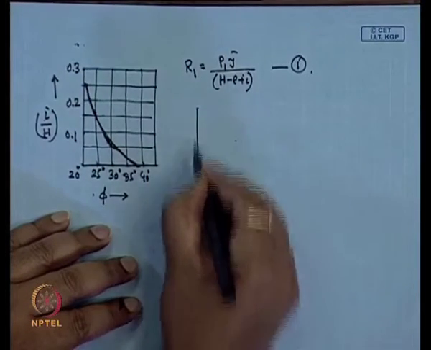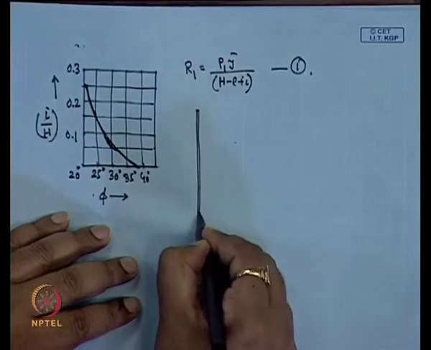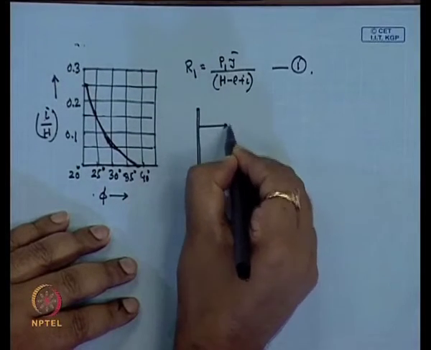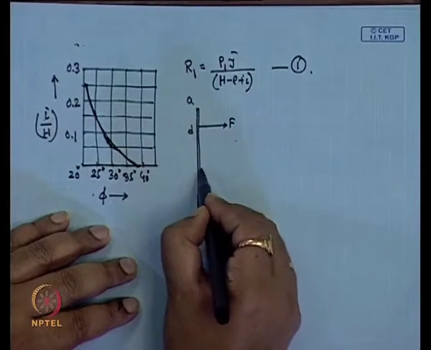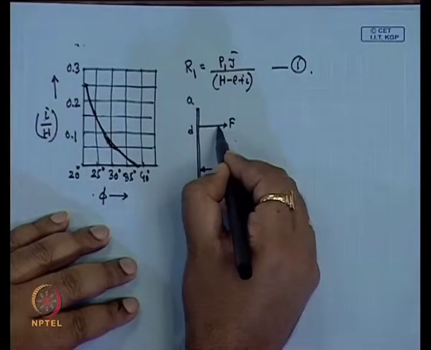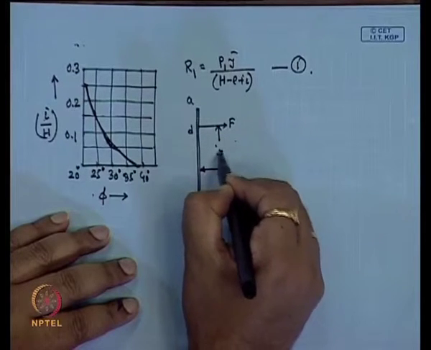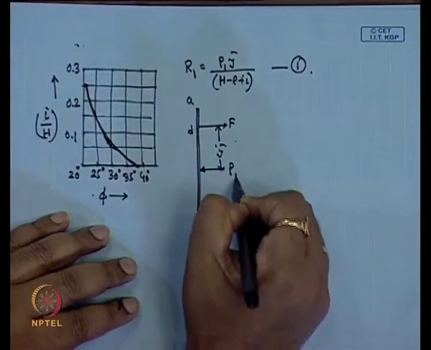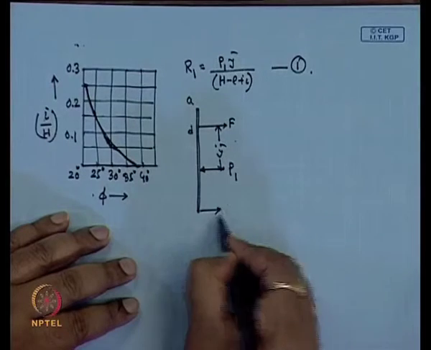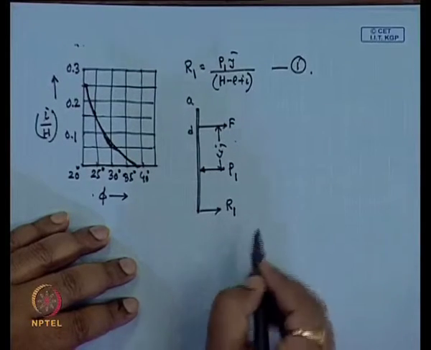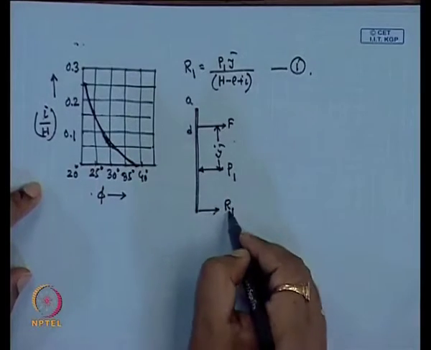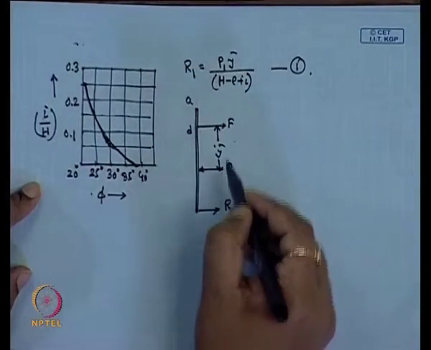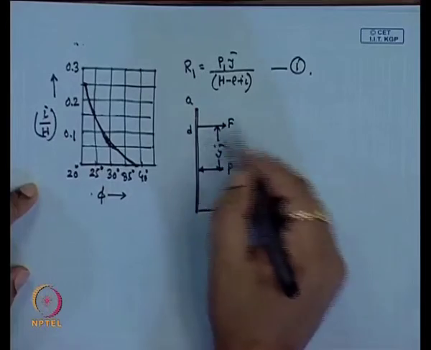So, this is the beam 1, again if I draw. This is the force F acting at the D level, this is A, and then the P that will act for this external pressure, that is y bar. So, this is P 1 and then R 1 will act. Here R 1 is known, P is known. Now, this F we have to determine.